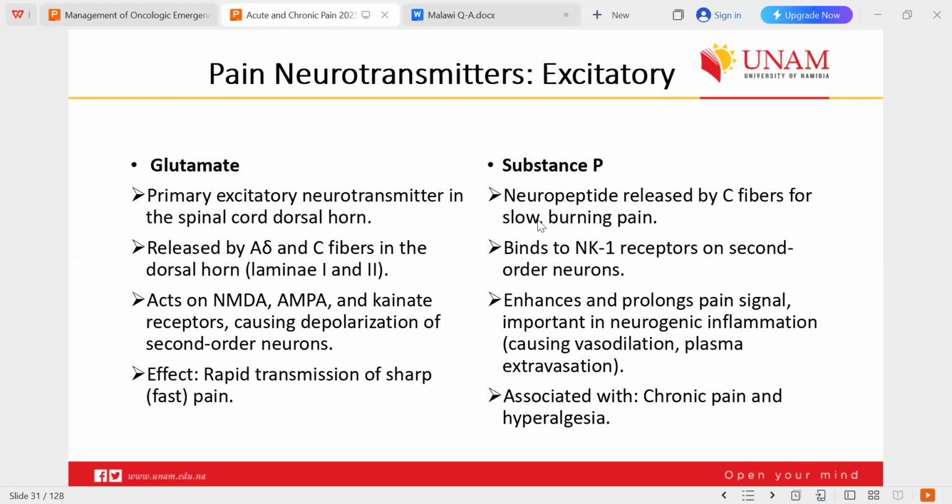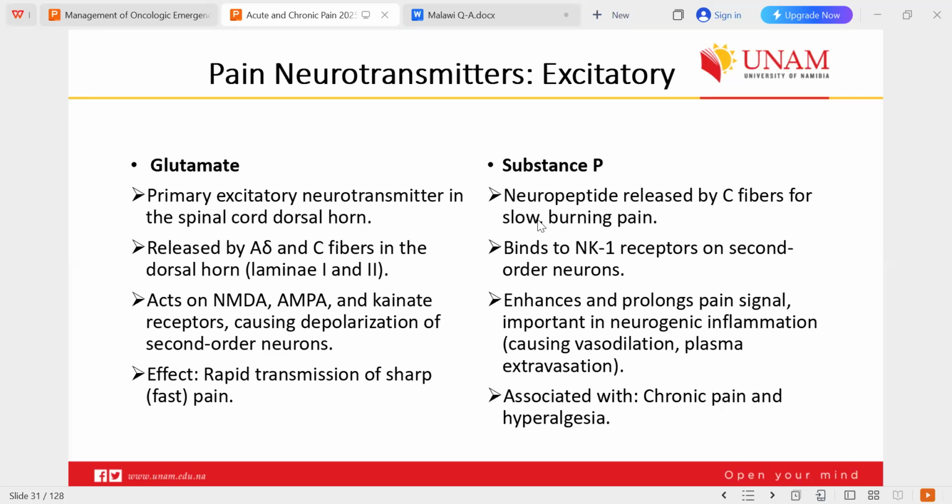The second one we're talking about is substance P. Remember that glutamate is an amino acid. Glutamate and aspartate are amino acid neurotransmitters, while substance P and bradykinin are neuropeptides. Substance P is a neuropeptide released mainly by C fibers for slow burning pain.